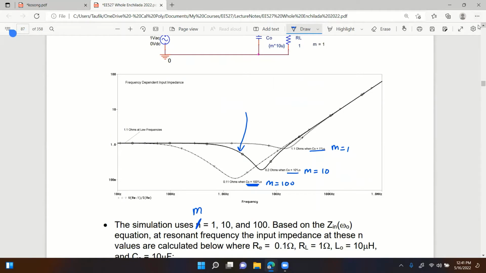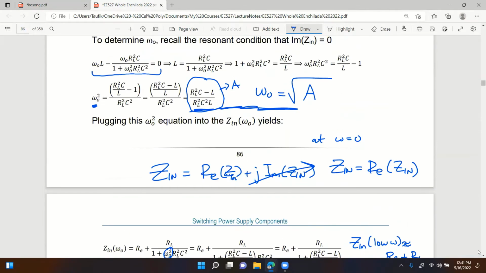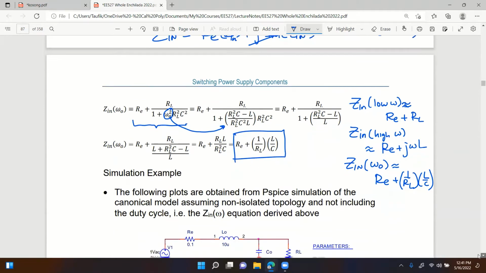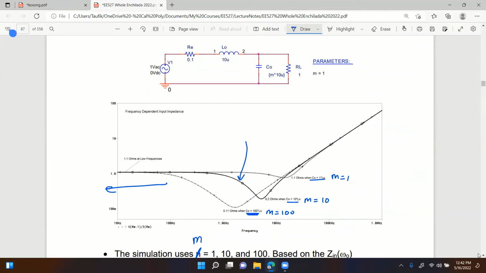At lower frequencies, what is the input impedance equal to? At lower frequencies it is equal to RE plus RL. So let's just do that here. RE plus RL, that's a constant value, isn't it? So at lower frequencies, the value here should be close to RE plus RL.